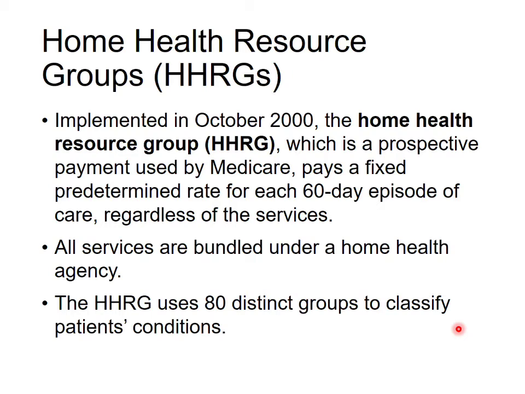Then we have the home health resource group. This was implemented in 2000, and this is also another prospective payment group using Medicare, and they determined certain rates for episodes that might occur, which might help bundle the costs associated with home health care as well.